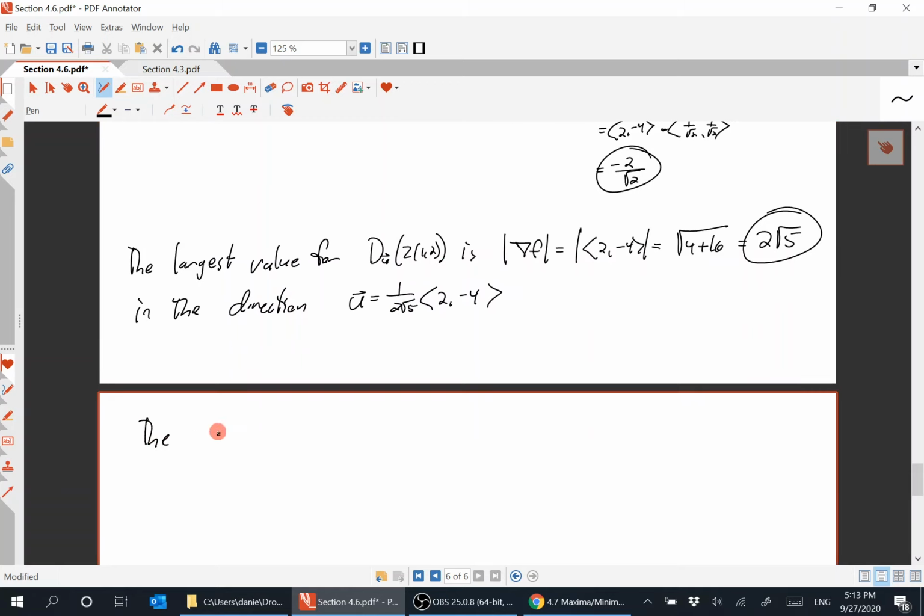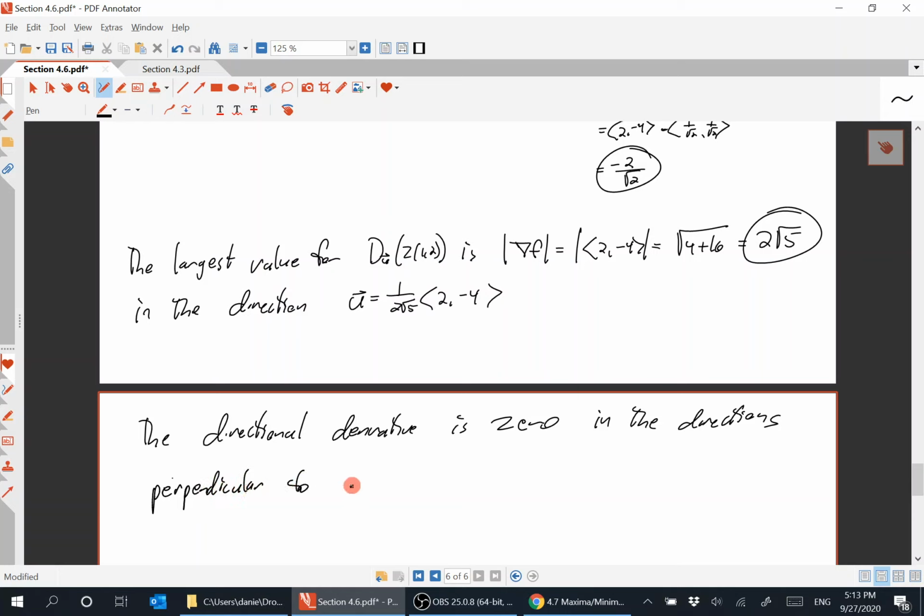And the directional derivative is 0 in the directions perpendicular to (1 over 2 root 5)(2, minus 4).